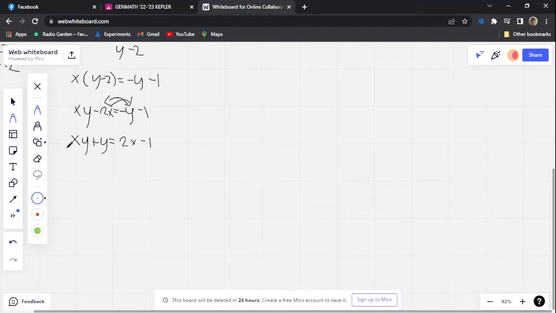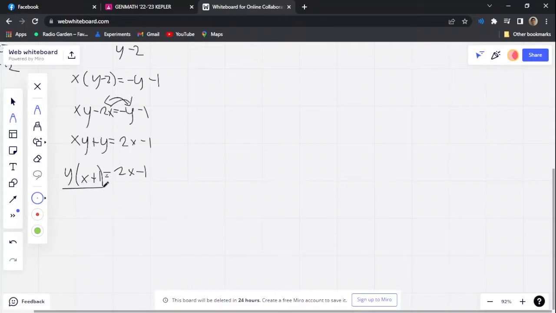The next thing we do is to factor out y in these terms. So you would have y multiplied by x plus 1 is equal to 2x minus 1.